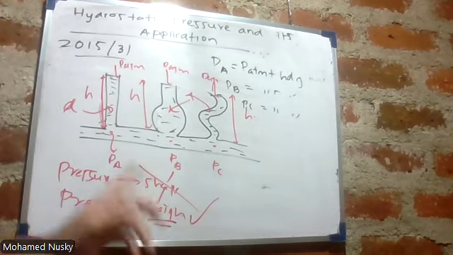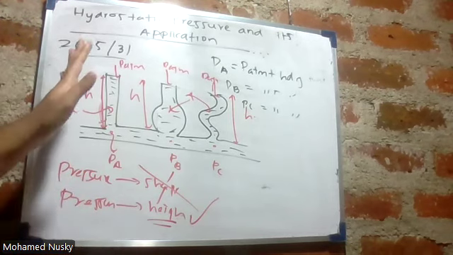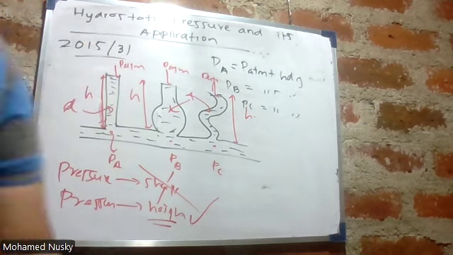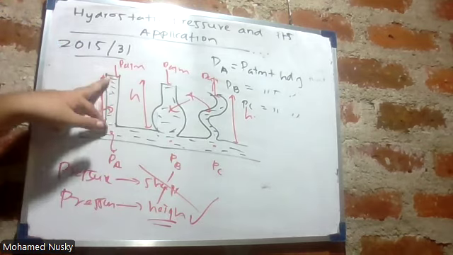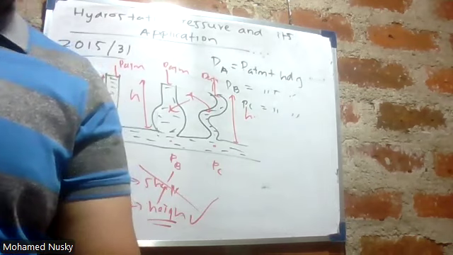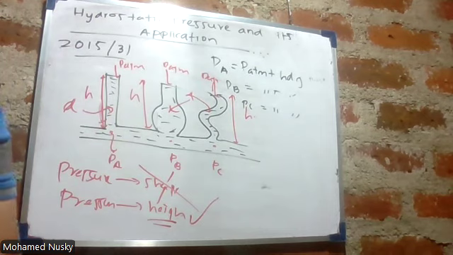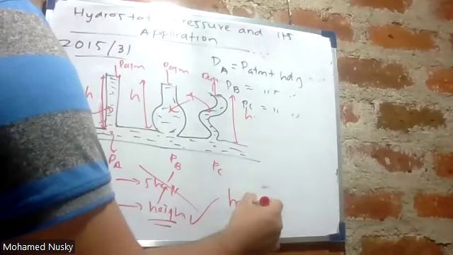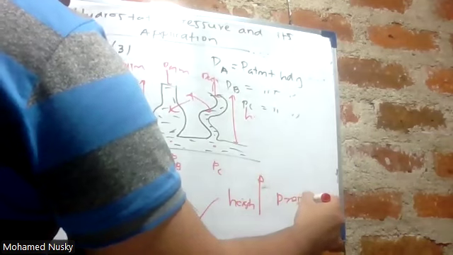Okay, for this it's fine. But in the question they have given that in containers 1 and 2 the height is 12 centimeter, in the third the height is 15 centimeter, and in the fourth the height is 14 centimeter. Pressure depends on height, no? When height increases, pressure increases.